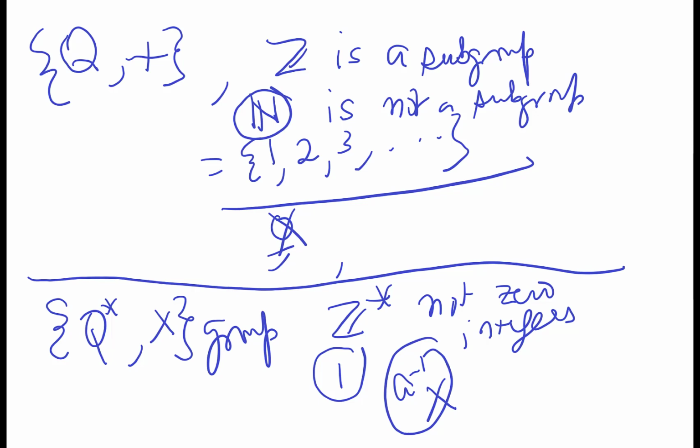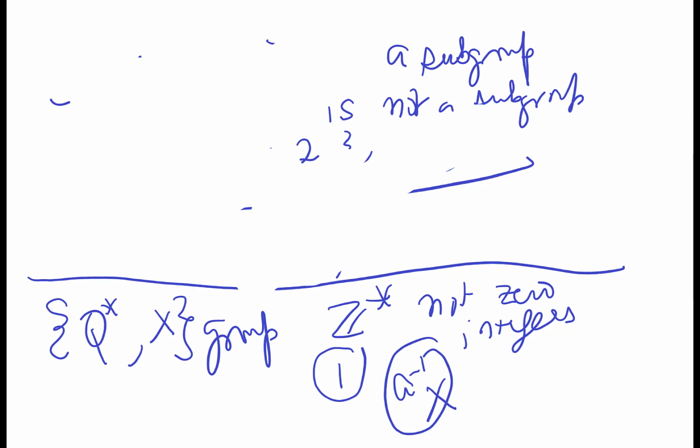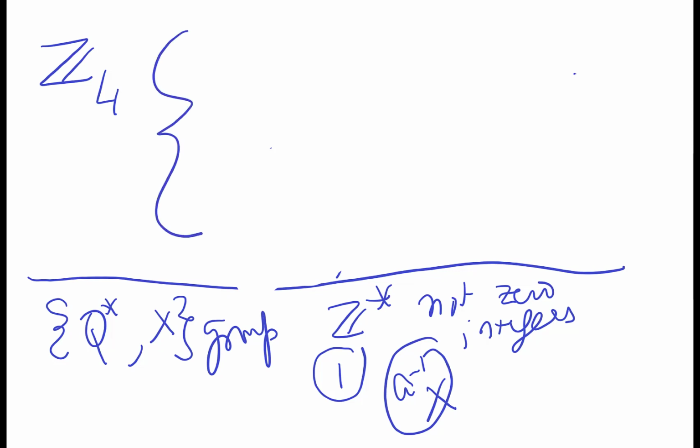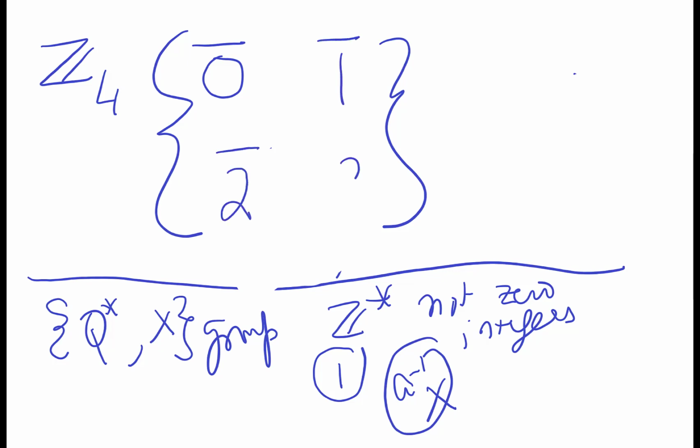And likewise, say we go to our example, remember that Z4, or integers modulo 4. Let me just write them here: we have 0, 1, 2, 3, and our operation was plus modulo 4.